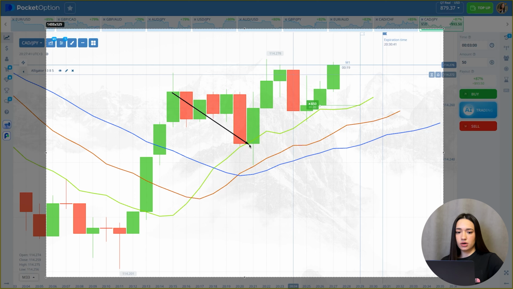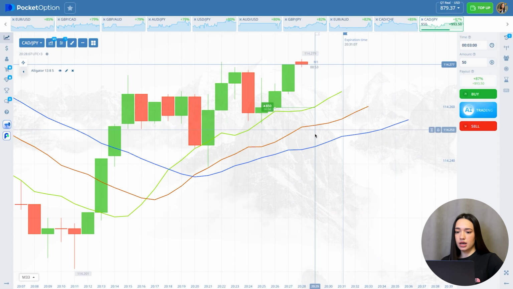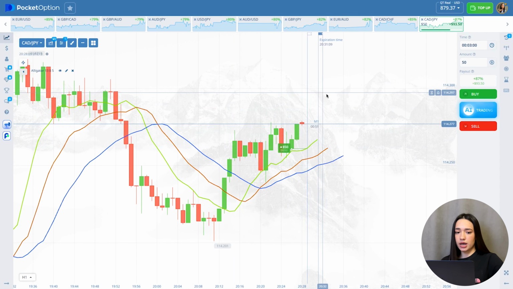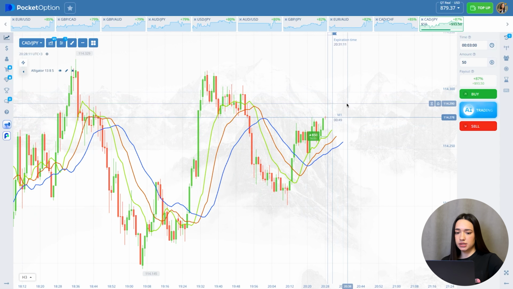Here we saw the first pullback in the form of one red candle. The first pullback reached the teeth line, and then another pullback to the upper moving average, and this gives us an understanding that the price has potential to continue moving upward. That's exactly why the buy trade was opened.